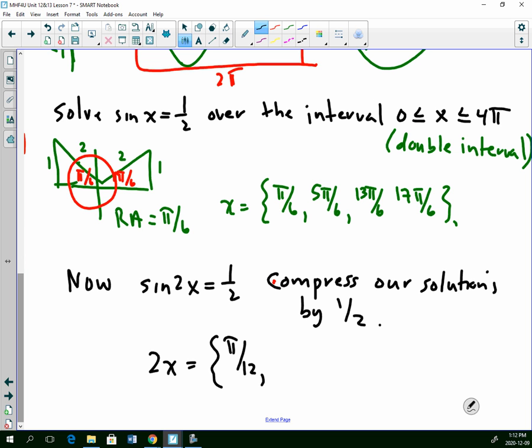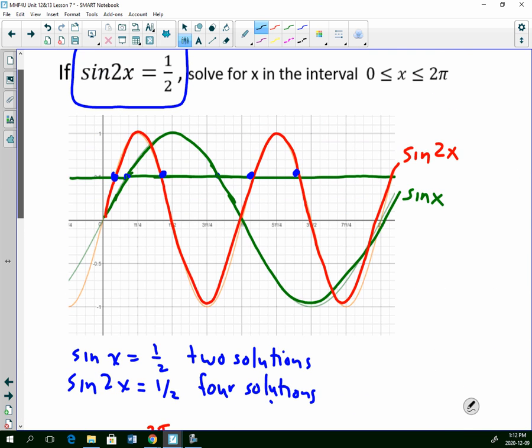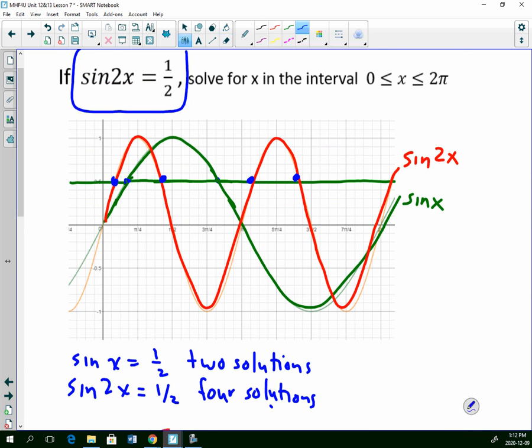And the same with 5 pi over 6 would become 5 pi over 12, 13 pi over 12, and 17 pi over 12. So that's what these 4 answers were. I'll go back to the very beginning. These 4 answers are pi over 12, 5 pi over 12, 13 pi over 12, and 17 pi over 12.